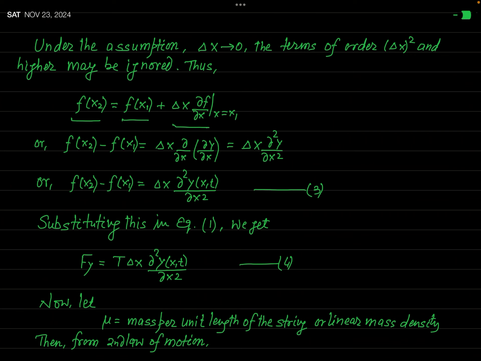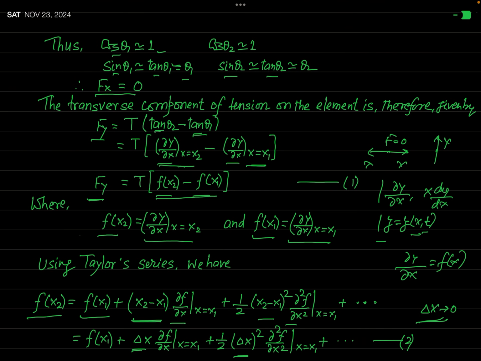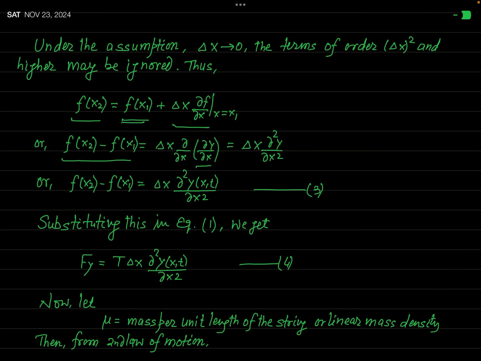And when you bring this f of x1 to the LHS, your equation becomes f of x2 minus f of x1 is equal to delta x times del y by del x. Because you can see, what is this f of x1? This is del y by del x at x equal to x1. So instead of f, you may write del y by del x.